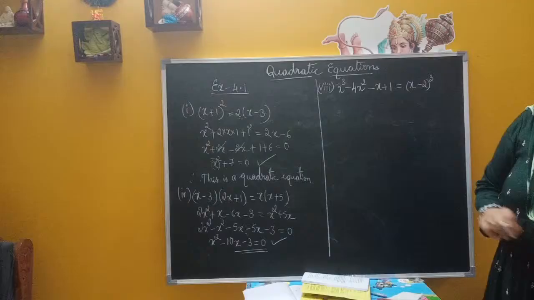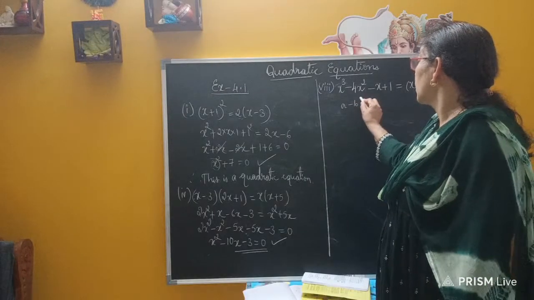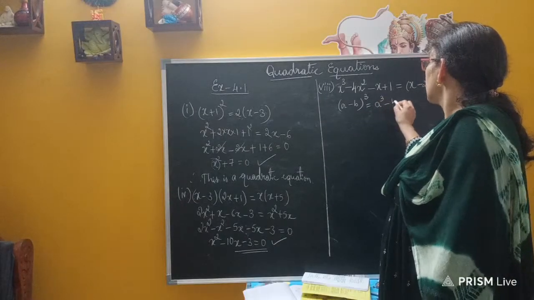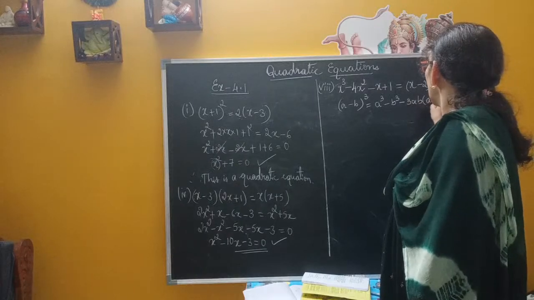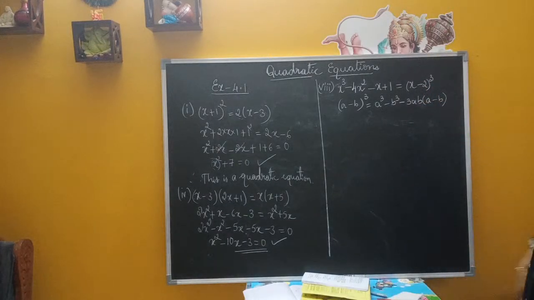Which is the identity? A minus B whole cube identity. A minus B whole cube is equal to, what is the identity? A cube minus B cube minus 3AB into A minus B. If you remember this identity, you can solve this easily.